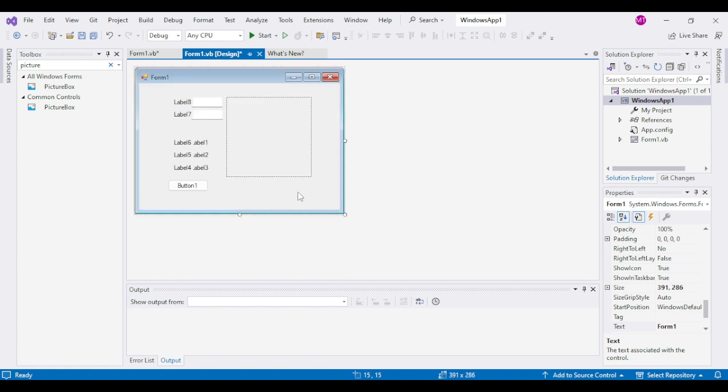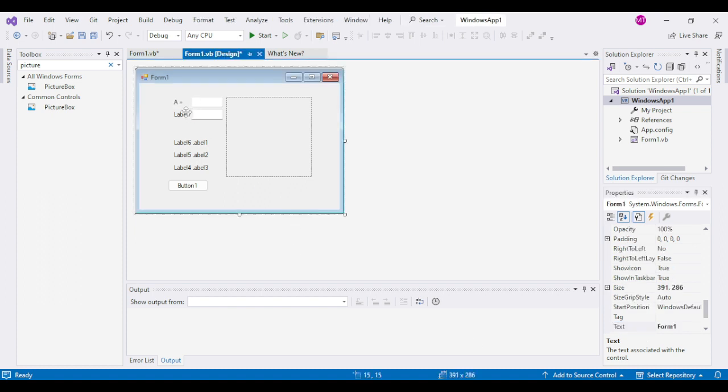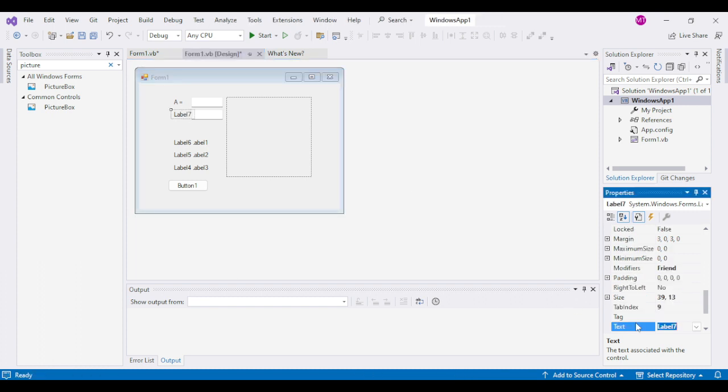Okay, then I'll change the text properties of these labels. This is the angle A, so I'll just state here capital A and equal. Then this is the opposite side of angle A, which is the small a.